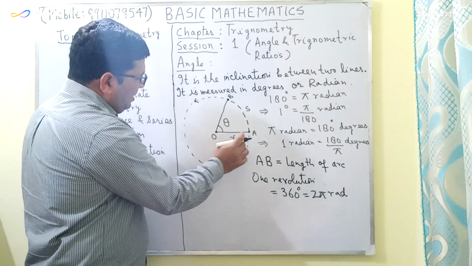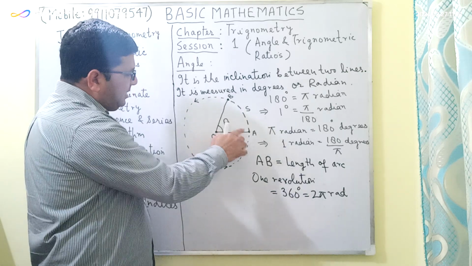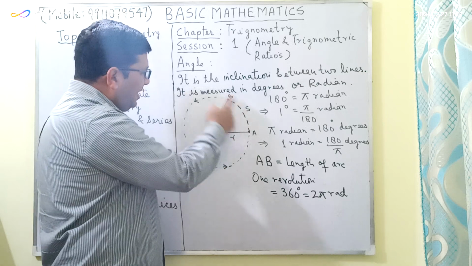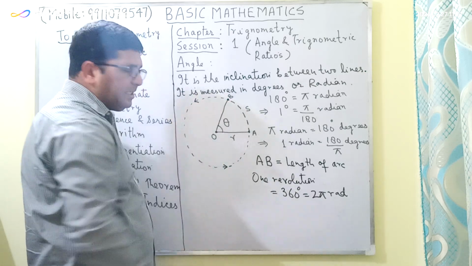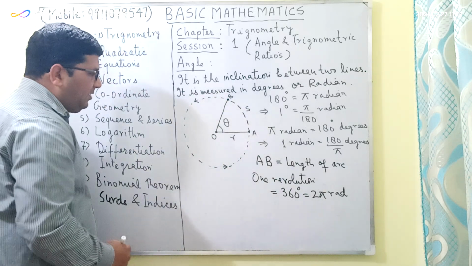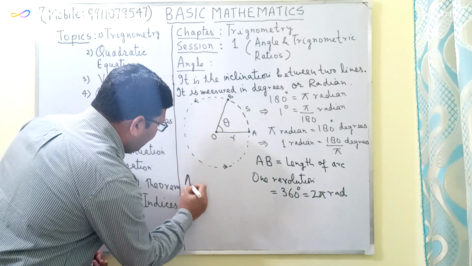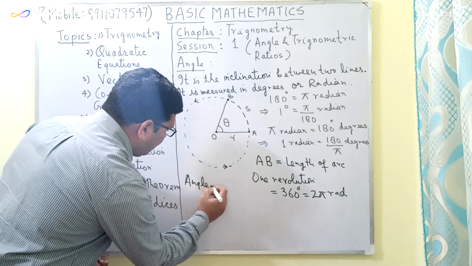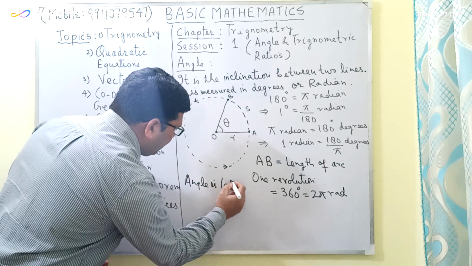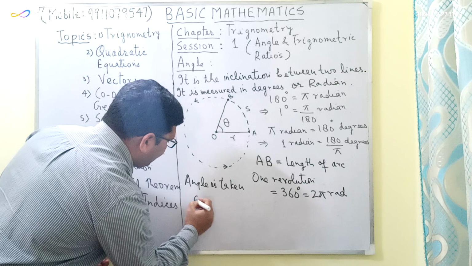Now let us again take this example. This is a stick which is pivoted at this point O, and it is rotating in a circle in the anti-clockwise direction. So when we are moving in the anti-clockwise direction, then the angle is taken as positive.